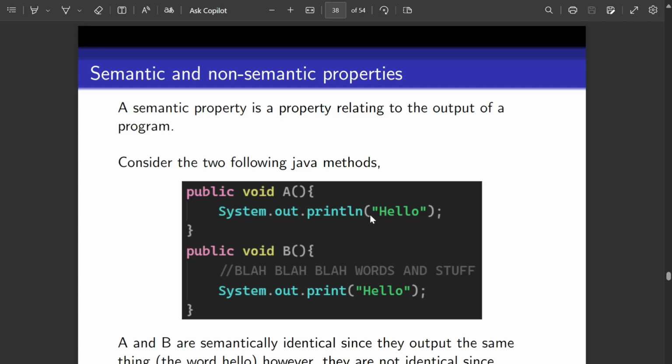They have the same output. They'll both print hello to the output, but A and B are not identical because B has an extra comment that isn't present in A. So they're not identical, but they're semantically identical.